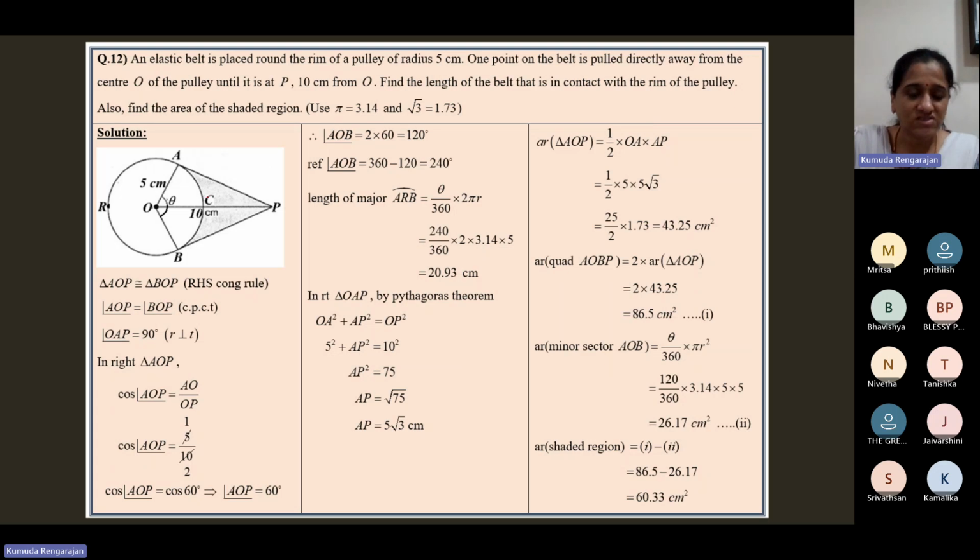Now when you stretch this away, what is the length of the elastic belt that is still in contact with the rim of the pulley? This one.